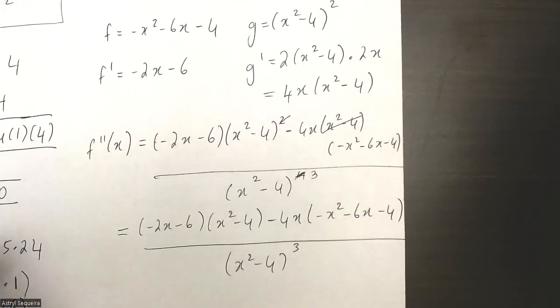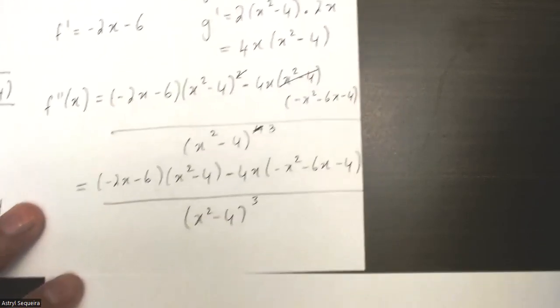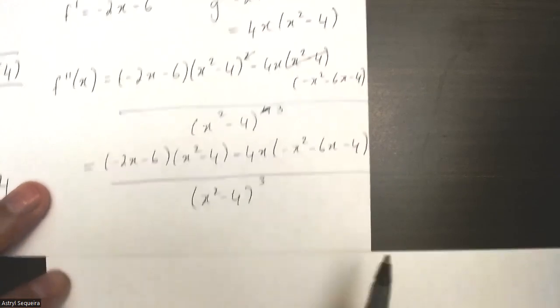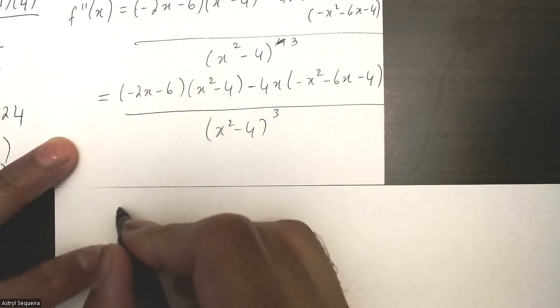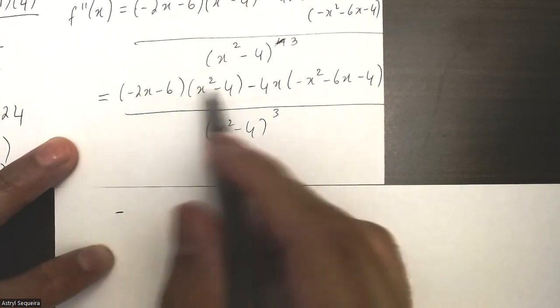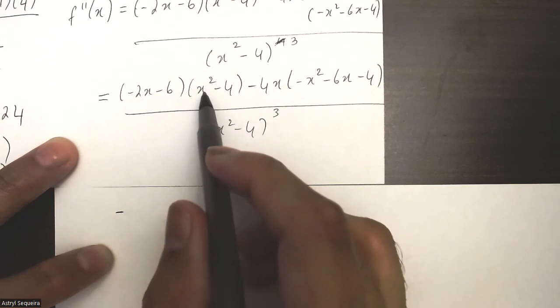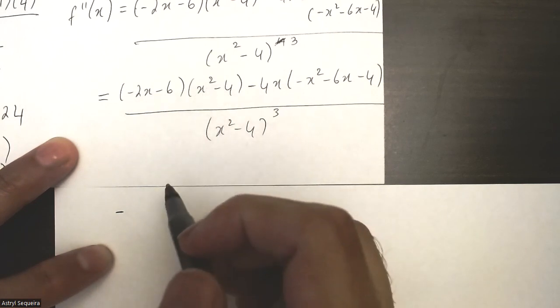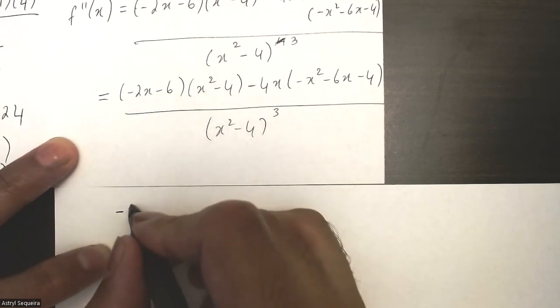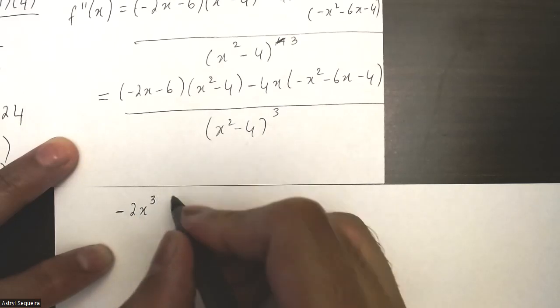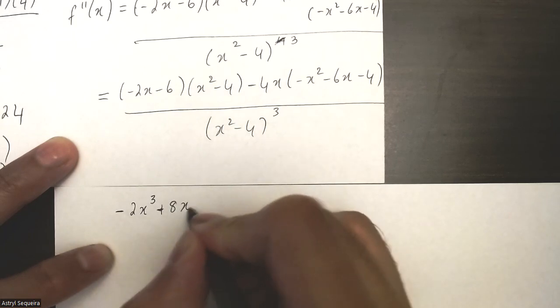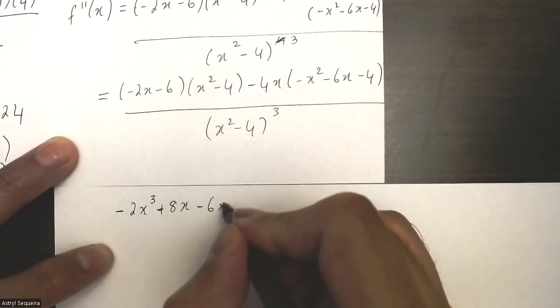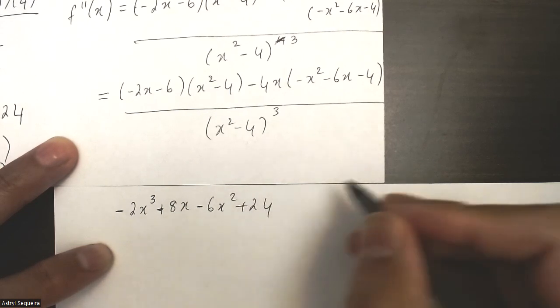Grab another cube to continue. So I'm going to expand out the top now with FOIL. It's my next step. So this is going to become negative 2x cubed, minus, actually plus 8x minus 6x squared plus 24.